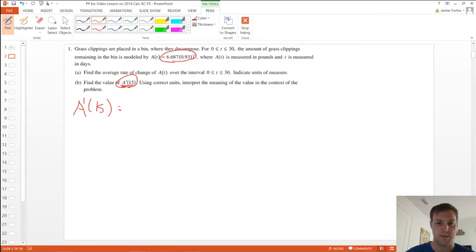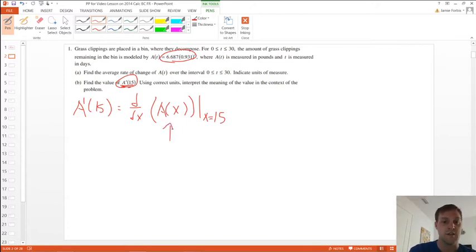So what I typed in is, remember, you can go to the math menu and go down to where you see the derivative operation. It'll come up with d over dx, I did x. I plugged in y1, or simply just A of x, into the equation. And I'm evaluating this at x equals 15. So that is exactly what I typed in the calculator. Instead of A of x, though, I had y1. That's all I typed in, and that'll do the derivative for you.